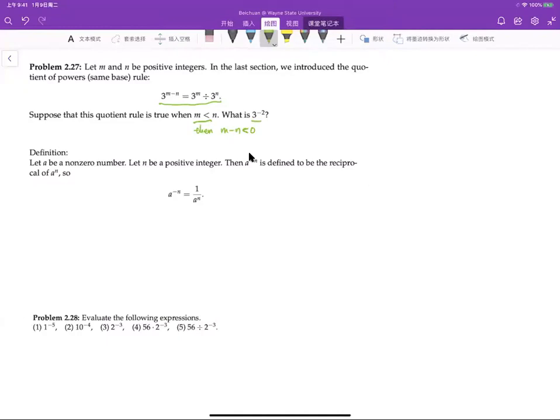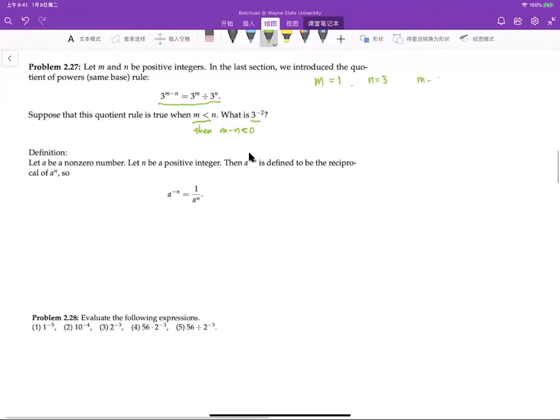For example, set m to be 1 and n to be 3, then you have m minus n equals negative 2. Or you can set m to be 0 and n to be 2. Then this is another way to get m minus n to be negative 2. You can use either of them. Let me use the second one.